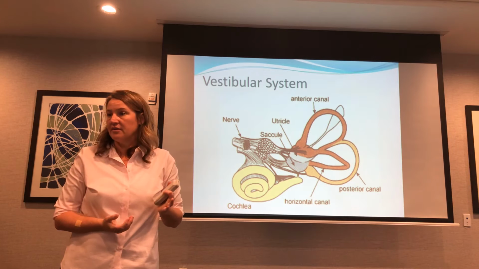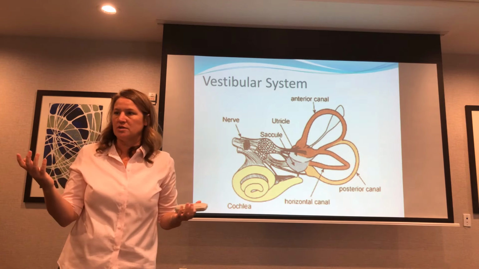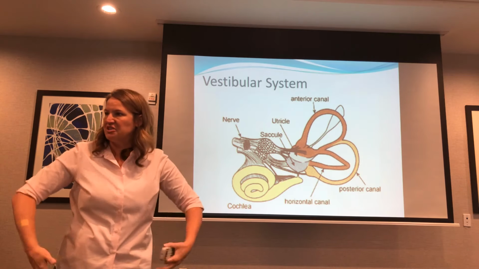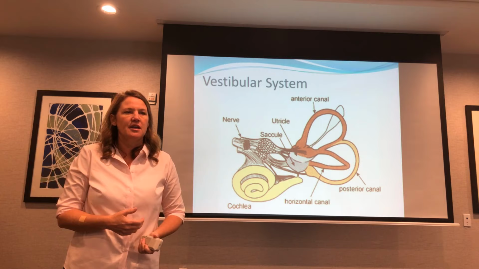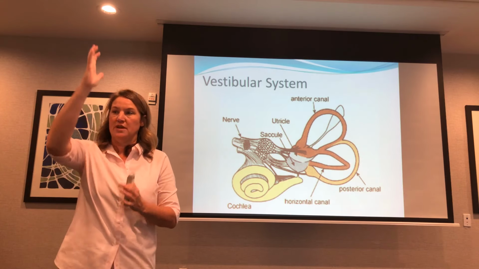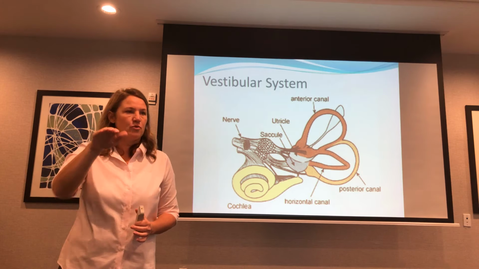So you're in an elevator. Visually, you can't tell what's going on around you. If it's going really slow especially, there's not much physical feedback, but you can tell because your utricle and saccule are giving you that information that you're moving up or down. Also going forward and backwards.